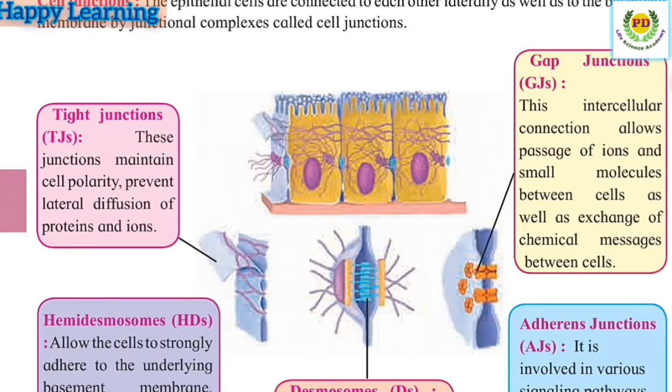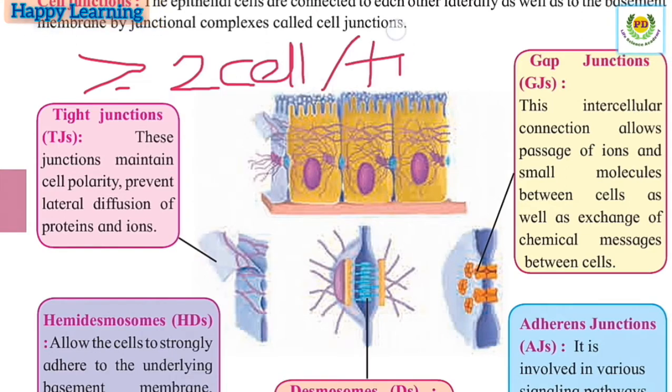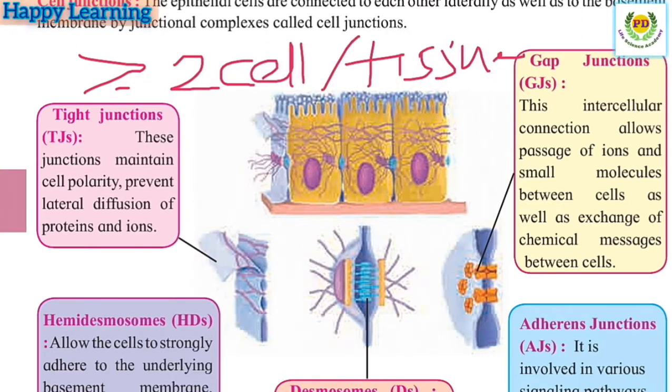We see the basic difference. Now, what are compound epithelial tissues? Two or more cells or tissues aggregate to form the compound epithelial tissues.